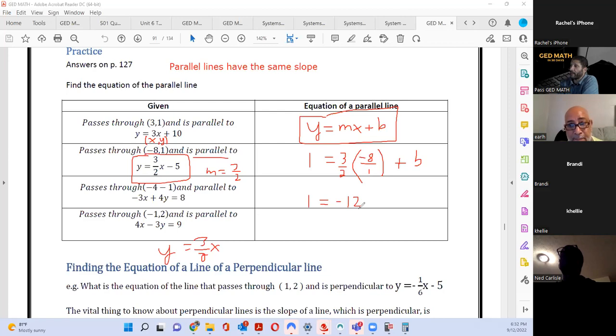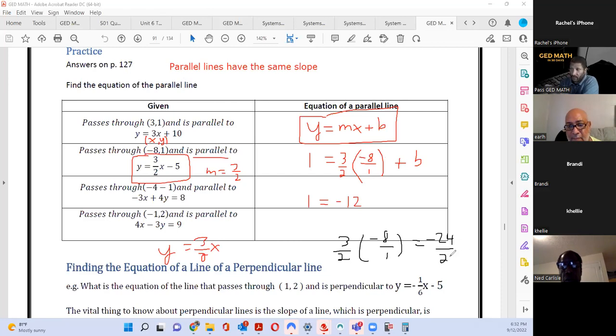Are we sure that's right? -24. You got -24. Okay, let's first do it by hand. I'm going to do it down here, then I'll erase it. 3/2 times -8 over 1. You multiply across. 3 times -8 is -24. 2 times 1 is 2.